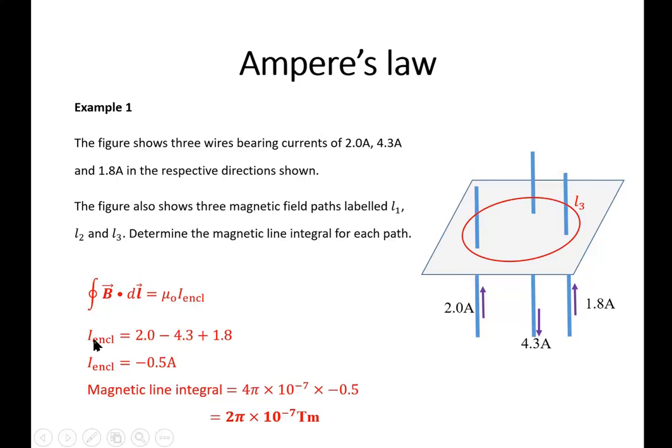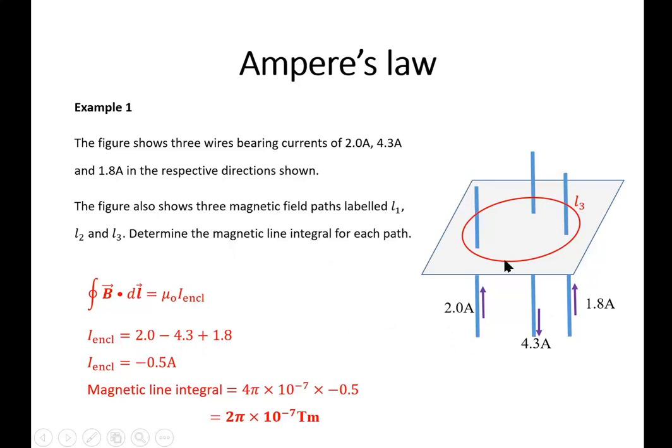So let's go. What is the enclosed current? The enclosed current consists of the current upwards here and the current upwards here. Because they are in the same direction, we add them together: 2.0 and 1.8. And because 4.3 amps is in the opposite direction, we take it out. You could do it the other way around: if the current moving downwards is positive, then the current moving upwards will be negative.